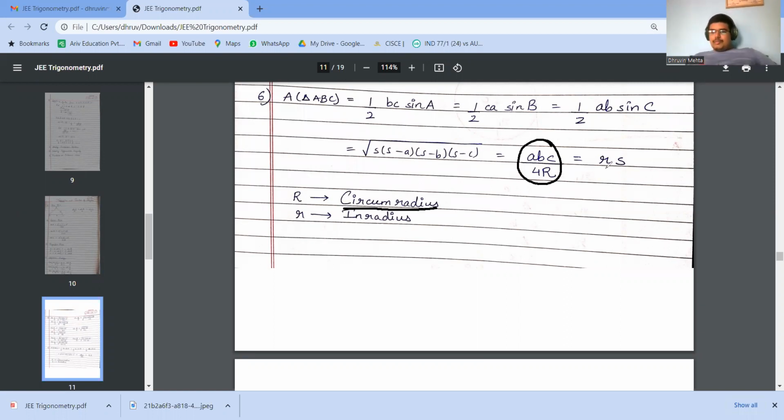And another formula of area is r into s, where r is the inradius. Incircle means the circle is inside the triangle, so the three sides of the triangle are basically tangents to the circle, something like this. The perpendicular from here will be this small r into s. Okay, let us proceed.